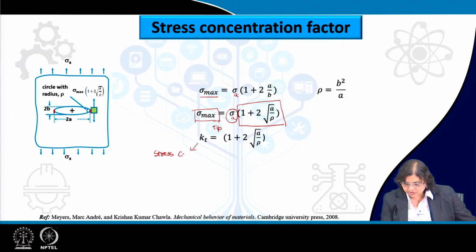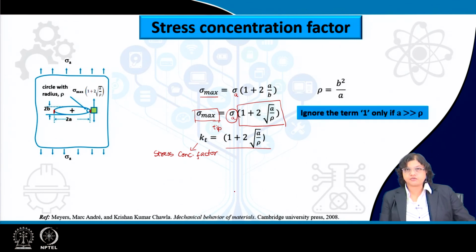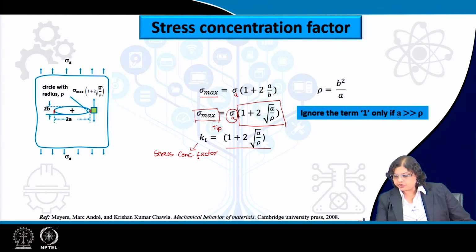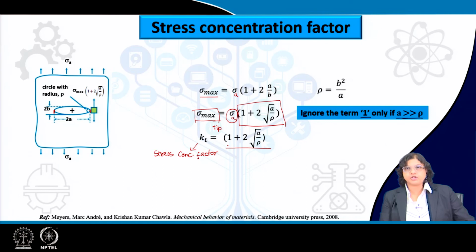So, this is nothing but the stress concentration factor, typically represented by small kt, and this is the value 1 plus 2 root over A by rho. Now, if we have a very sharp crack, okay, if the length of the crack is too high compared to the radius of curvature, so if we have A much higher than rho, in that case we need to ignore this one term, because it does not make much of a difference, and it would unnecessarily complicate the equation.